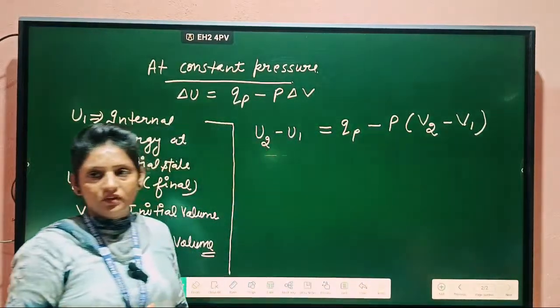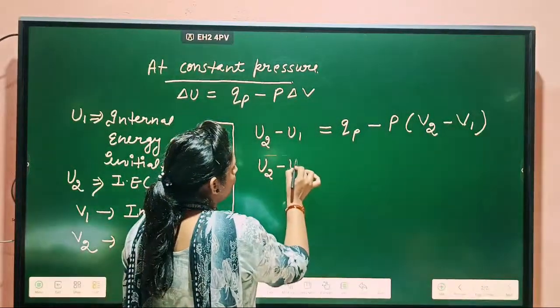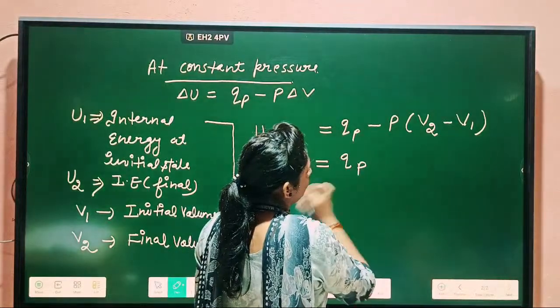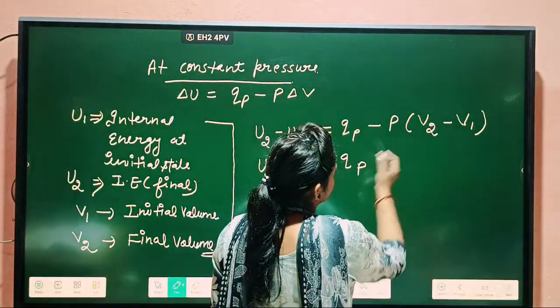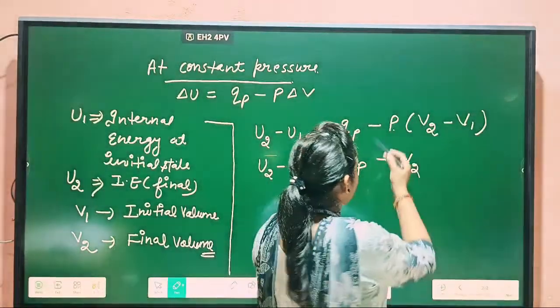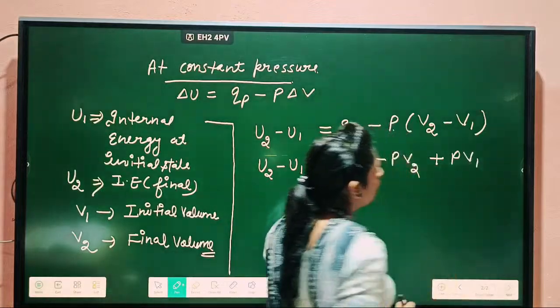Can I write in this way? Okay, then U2 minus U1 is equal to QP minus PV2 plus PV1.